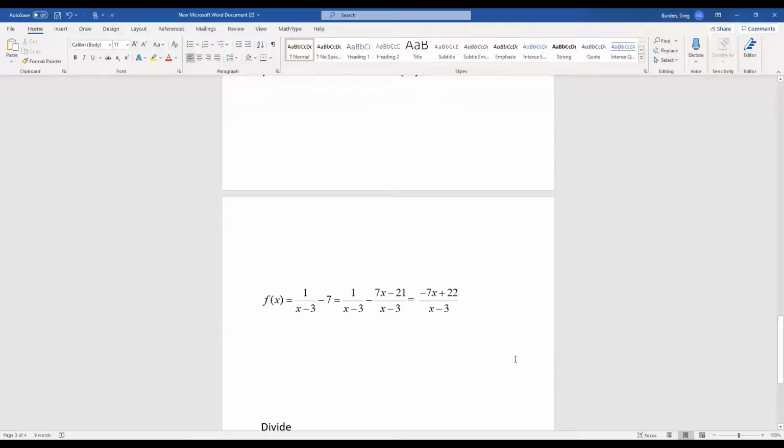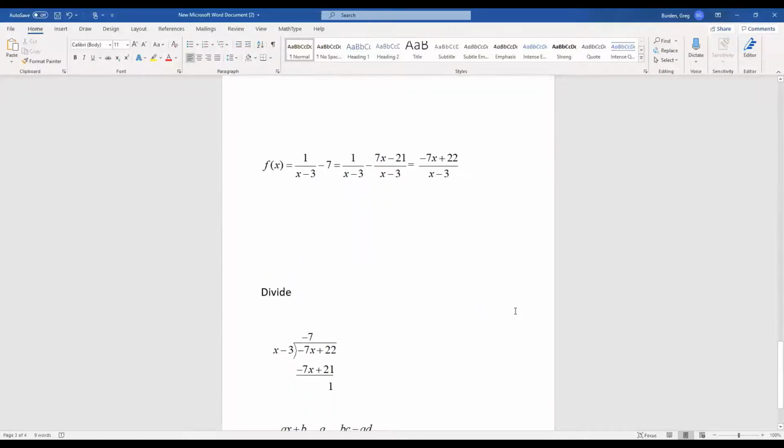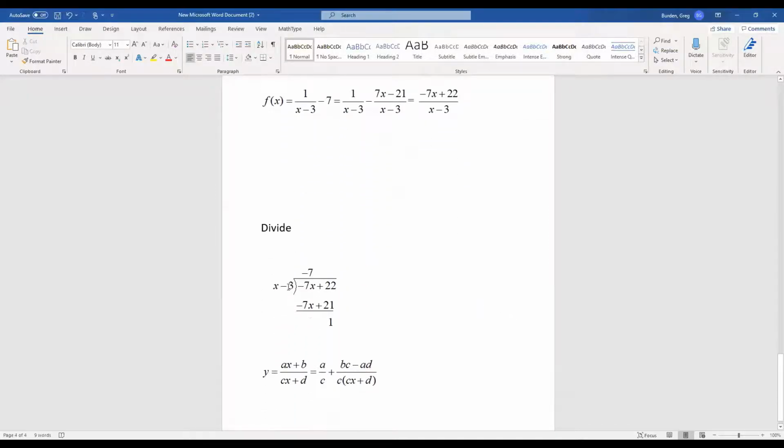Well, the inverse operation of the subtraction of these two terms, putting them together into one fraction, would be to use division. So if you were to take x minus 3 and divide it into the negative 7x plus 22, we could actually recover my original f of x. You could, of course, use synthetic division for this, and I just wrote it up in terms of ordinary long division.